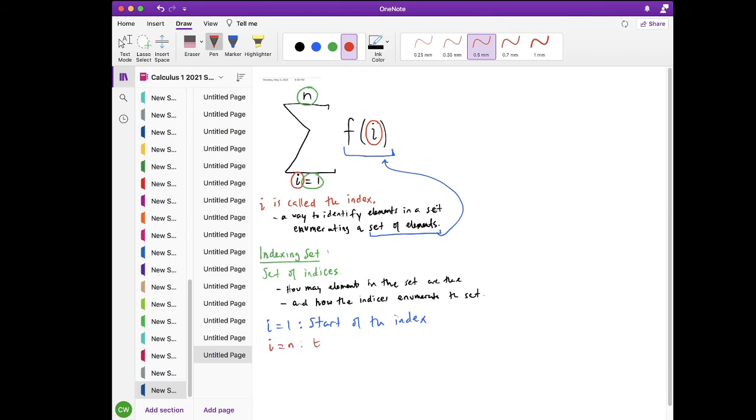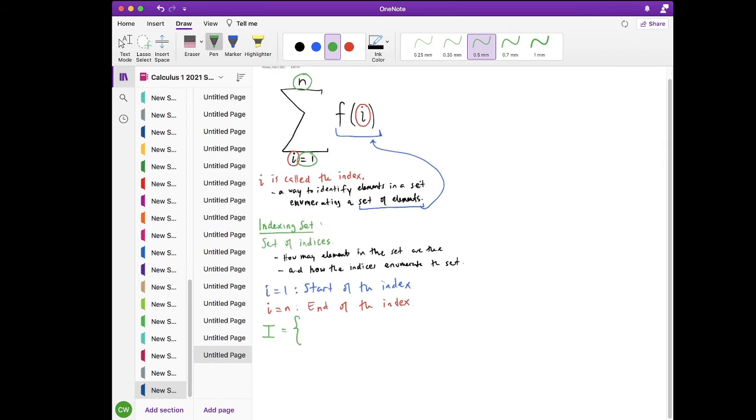So what is the index? It's a set of integers in this case.